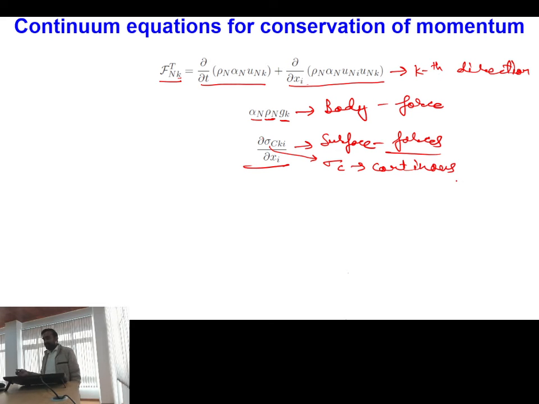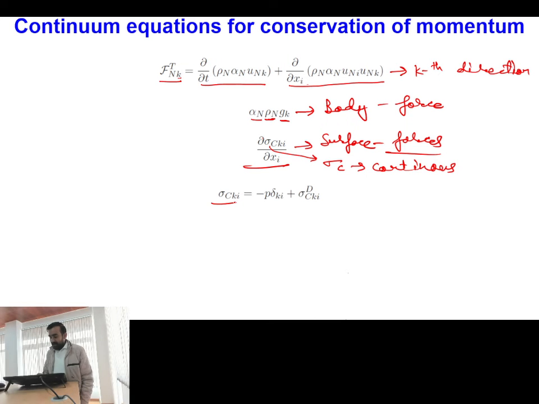Why continuum phase? Because yesterday we made one assumption that whenever we derive the momentum equation, if any dispersed phase particles are present at the boundary, we consider that the boundary of the control volume is deformed slightly, so that throughout the entire boundary we have contact of the continuous phase only. So because of that, whenever we write this stress element, the stress tensor we define based on the continuous phase only. Okay.